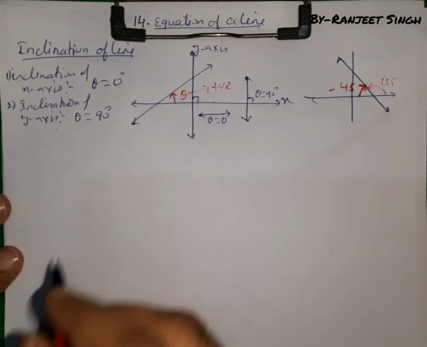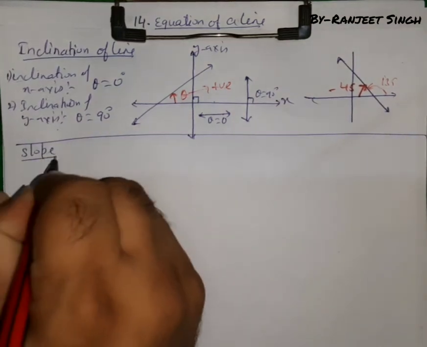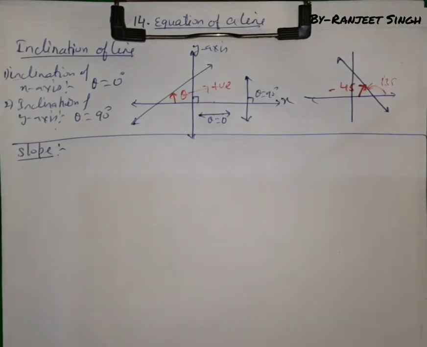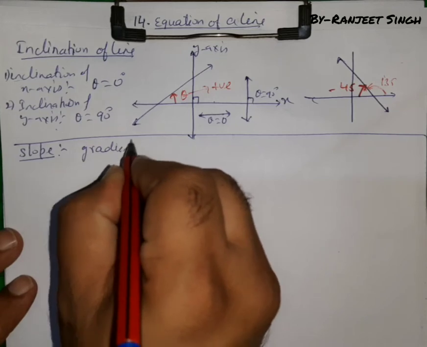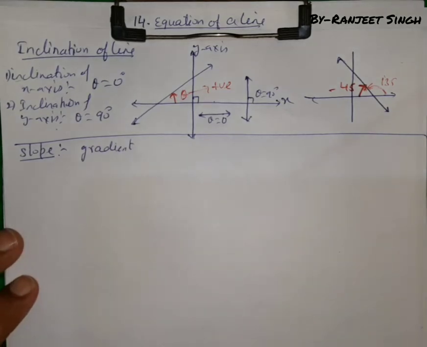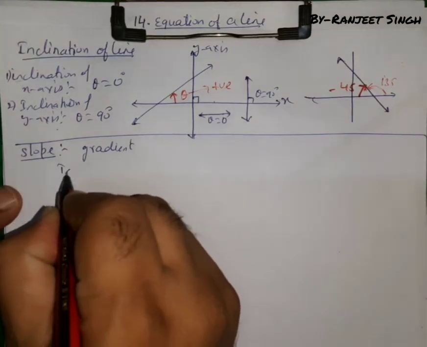Now next topic that we have to talk about is slope. This is also called a gradient. So slope is the tangent of the inclination.